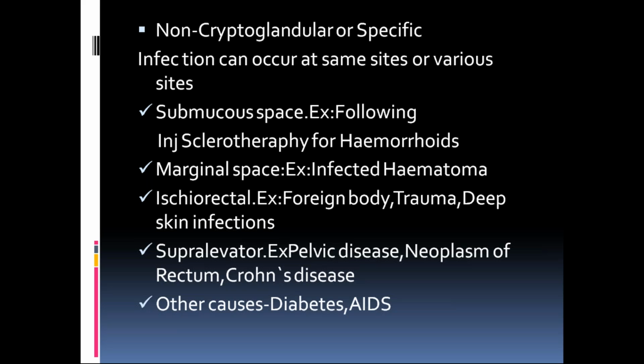In such cases, the pus will trickle down into the supralevator space. So these are all pelvic components. Anything in the pelvic area, if the organs have any infection or inflammation, if there is an abscess formation, that pus may trickle down into the supralevator space. Okay, that might be another cause.